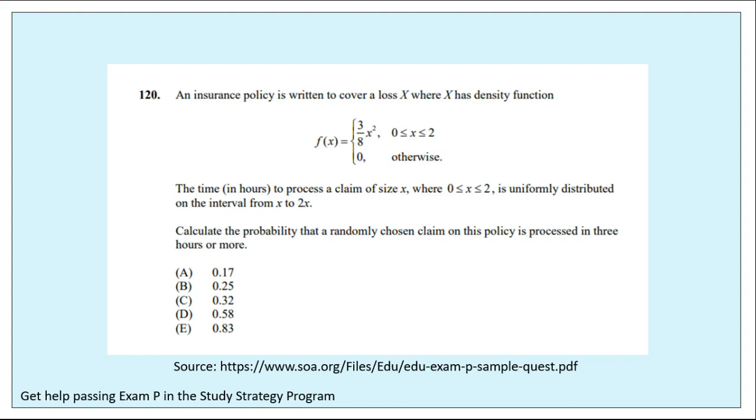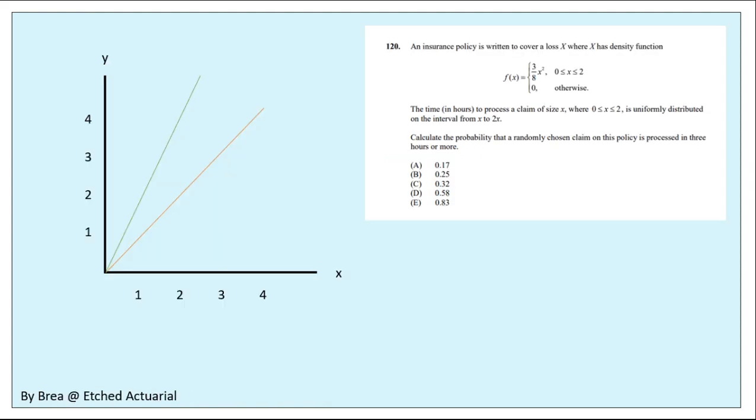So the important thing to do first is to graph those lines. I've already done it here, but first we would graph the line y equals x, and then we would graph the line y equals 2x, because as the question says, those are our boundaries. We know that y has to be between x and 2x.